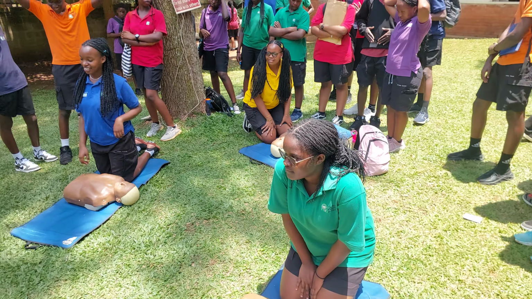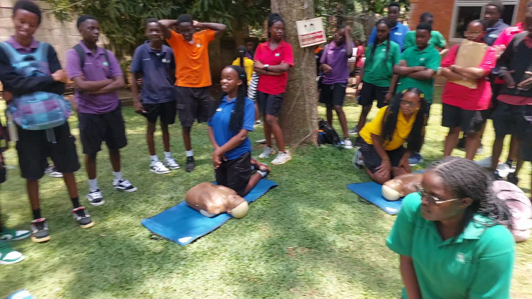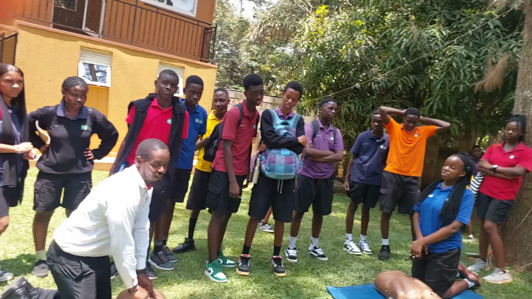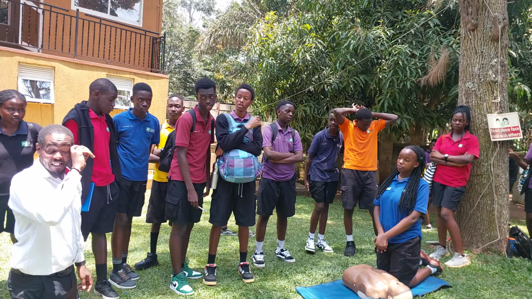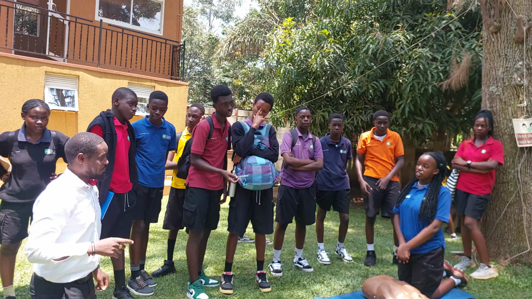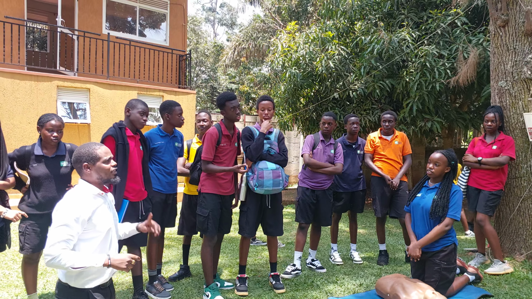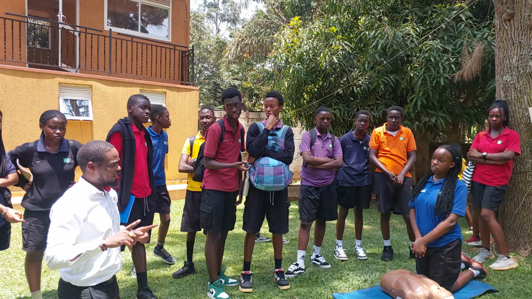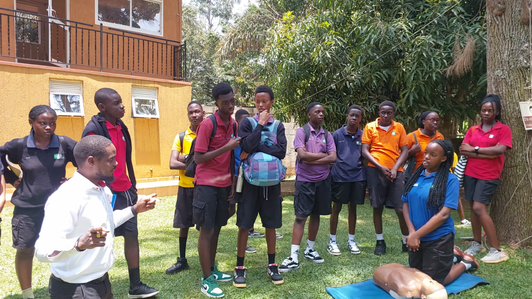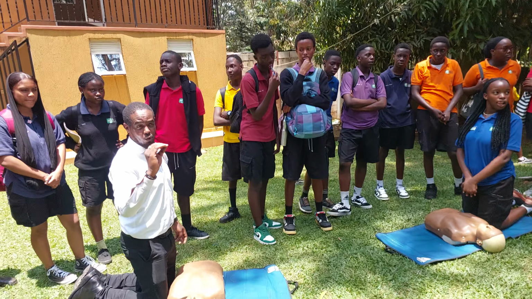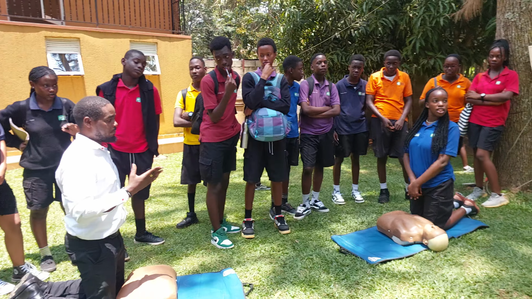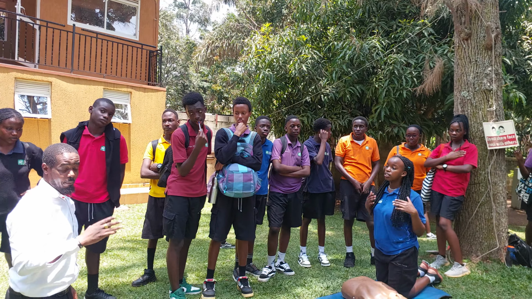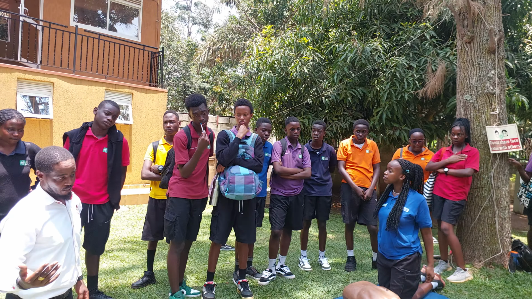So it is 30 compressions and 2 breaths. How many cycles? 2 cycles. How many times does your heart beat in 1 minute? 72 is average. 72 is for all of us, and your heart beats between 60 to 100 times.